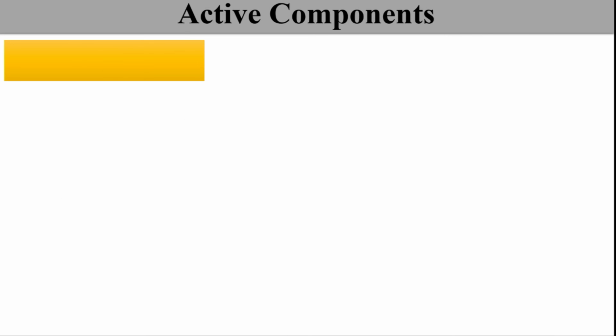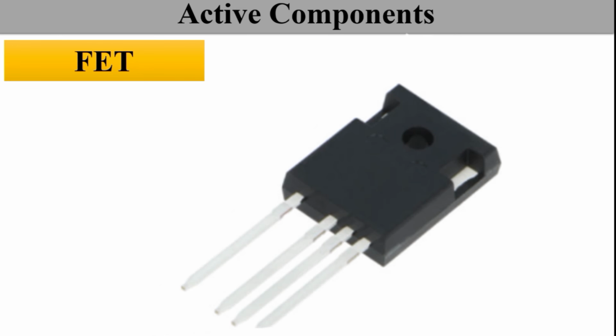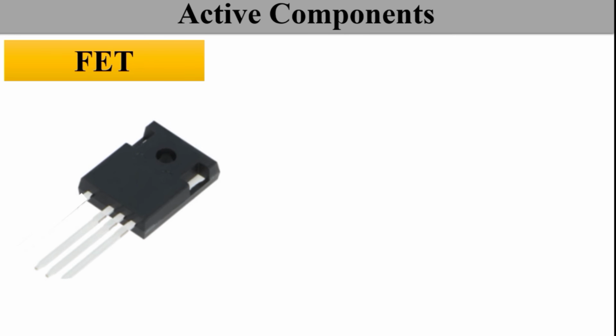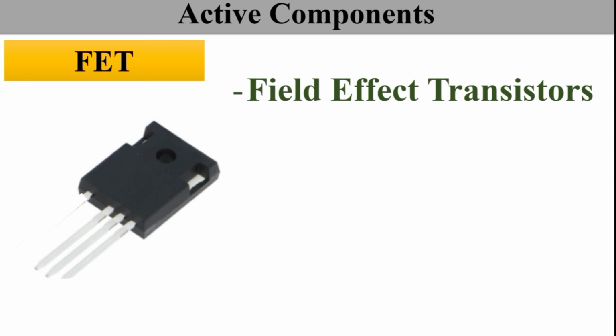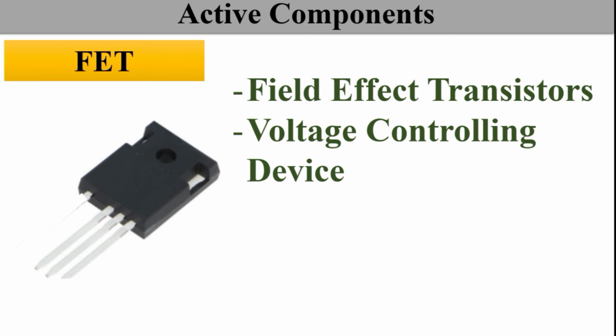Okay, let's move to the next part. The next device is the FET. FET is a field effect transistor. This is a 3-terminal device used for a variety of applications. FET is basically a voltage controlling device.